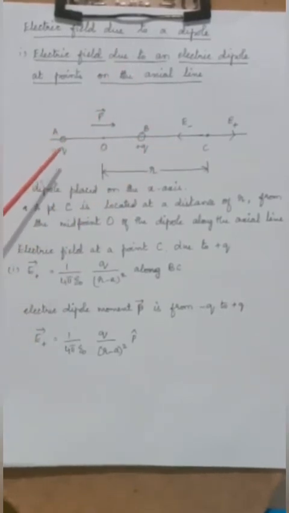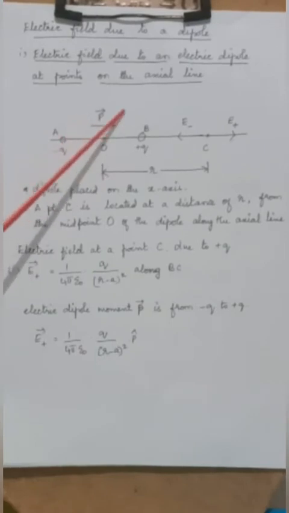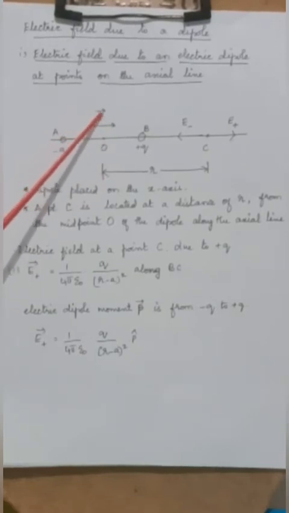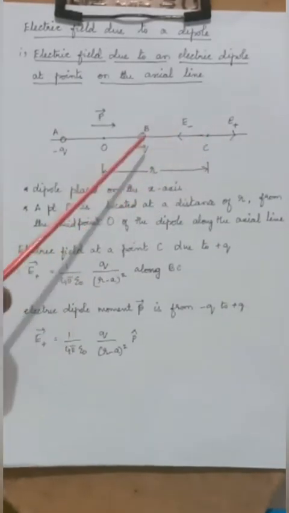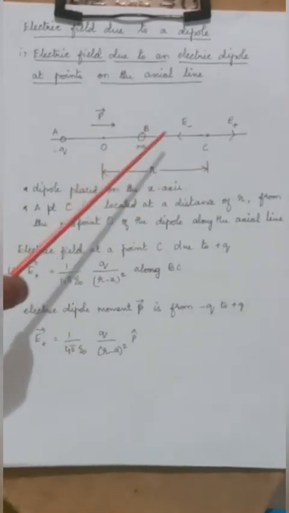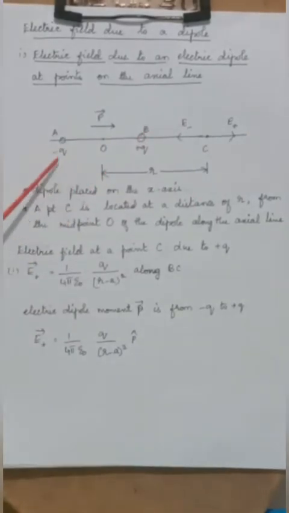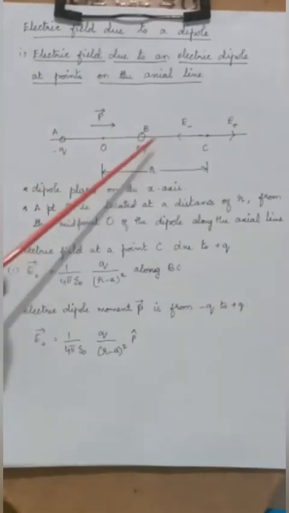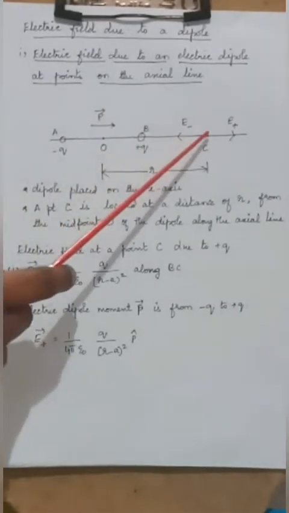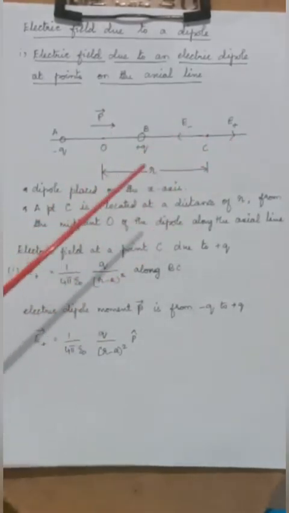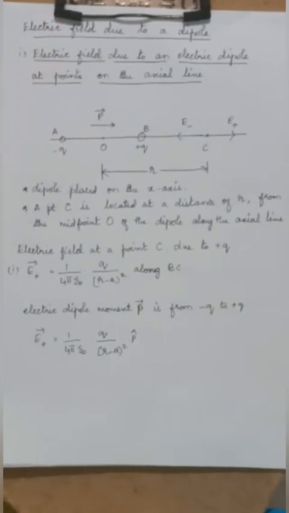When there is a dipole, it will have some moment p vector. Then there is an electric field due to plus q, which is directed away from it, and due to minus q, which is directed towards it, and the magnitude due to plus q will be a little larger. These are all the considerations.